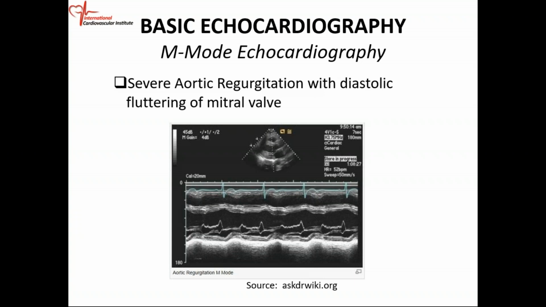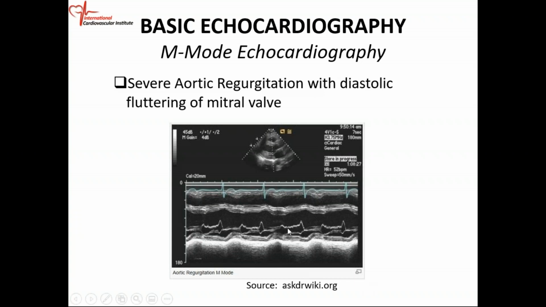It's going to strike the anterior mitral leaflet, and it's going to cause it to flutter. If you have significant aortic regurgitation, you can get some functional mitral stenosis, because that aortic insufficiency jet impinges on the anterior mitral leaflet and prevents it from opening.